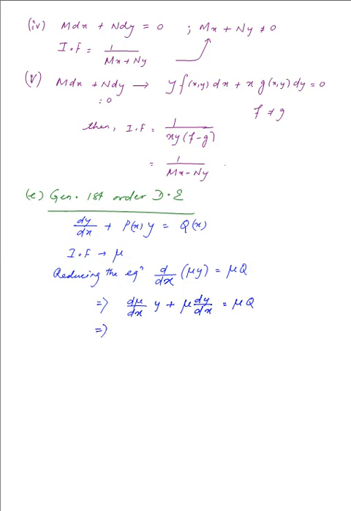Then we have dy by dx plus, well, this can be put together as 1 by mu, just by dividing that mu, d mu divided by dx of y multiplied to y, that is equal to q. Remember, mu has been divided.